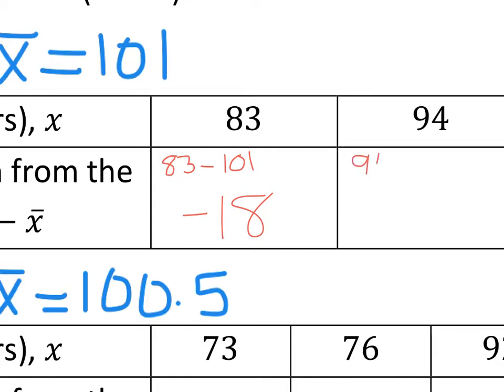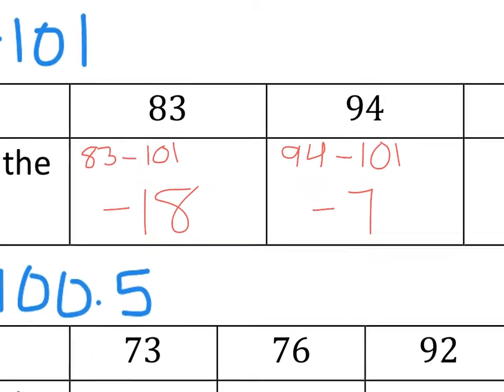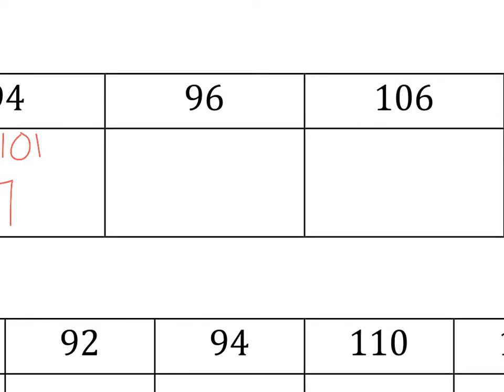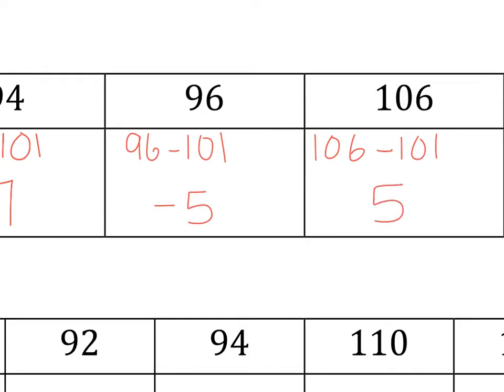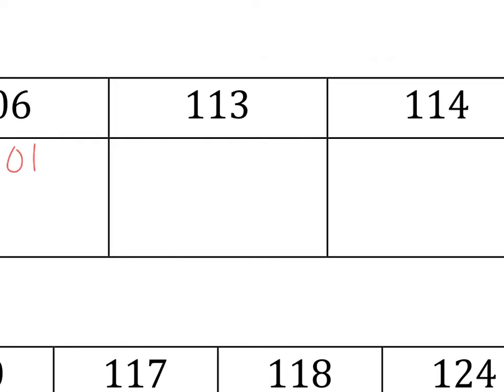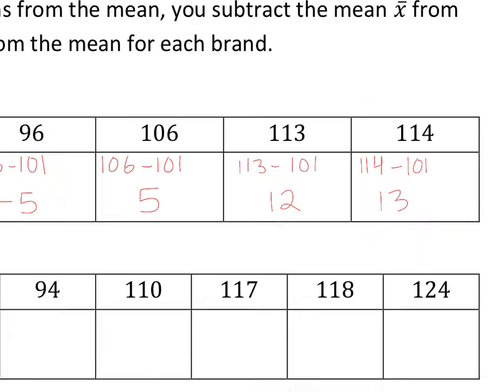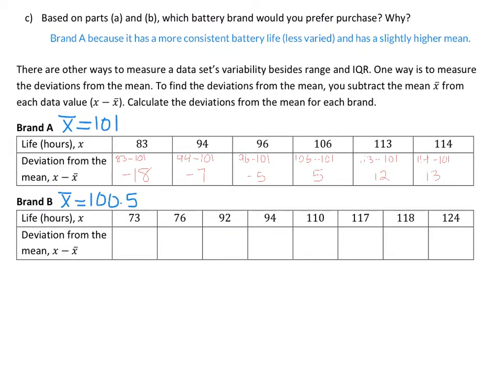We have 94 minus our mean, 101, which is negative 7. 96 minus 101, which is negative 5. 106 minus 101, which is 5. 113 minus 101 is 12, and 114 minus 101 is 13. So those are the deviations from our mean for brand A.